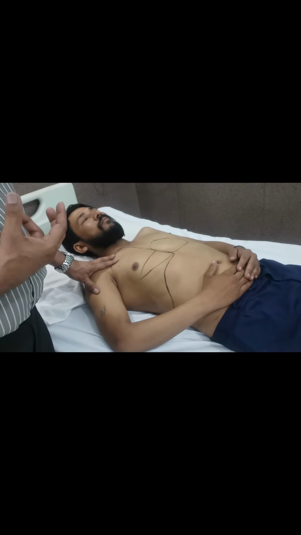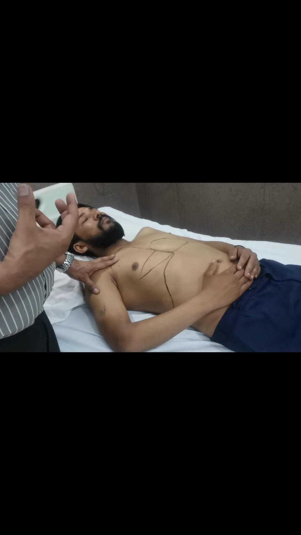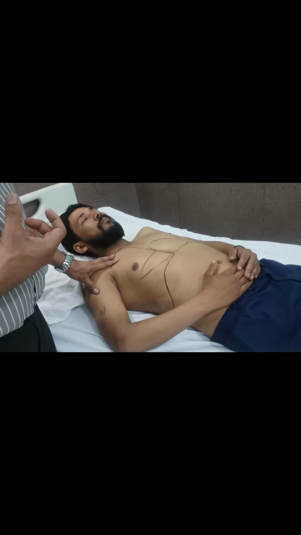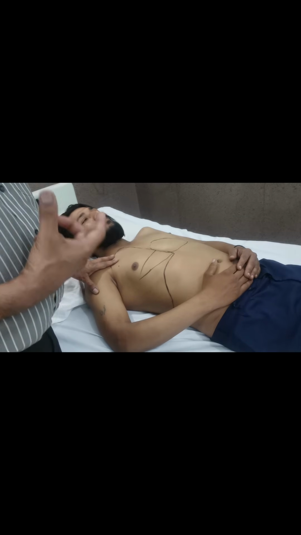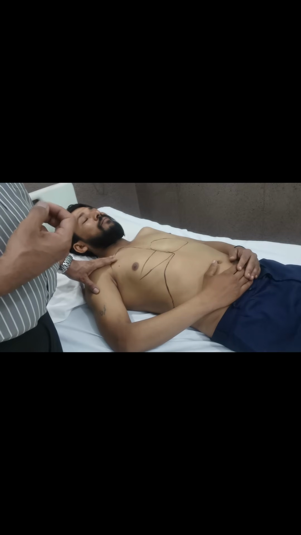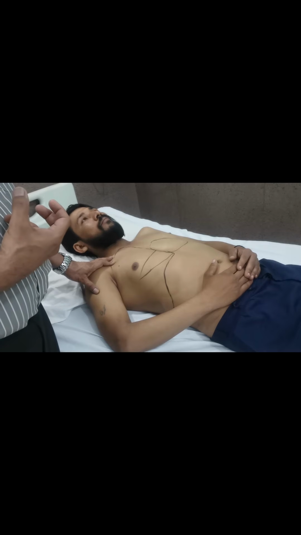Then you concentrate on the length of the inspiration and the length of the expiration. In a normal person, the inspiration is longer than expiration. There is no pause between the inspiration and expiration, and it will be rustling in character.